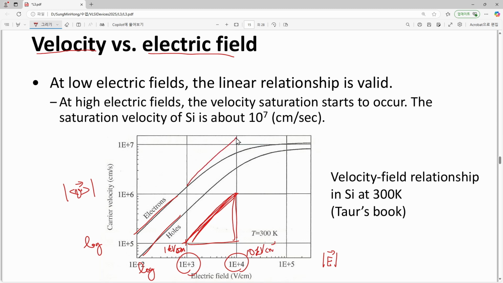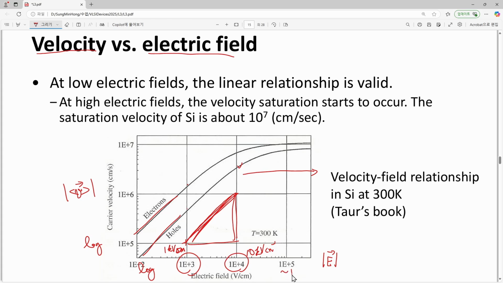If we had just linear proportionality, then maybe we would have this value, but already we have quite a much reduced value of carrier velocity.